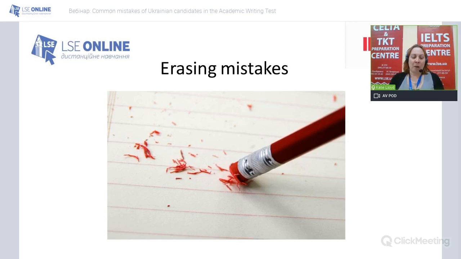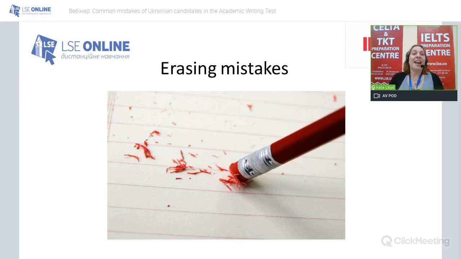But if you're hoping to take a paper-based test, this is something to remember. If you make a mistake and you write a paragraph or a sentence and you're not happy with it, don't spend a long time erasing everything to then write it again. It's wasting time. You don't have enough time.